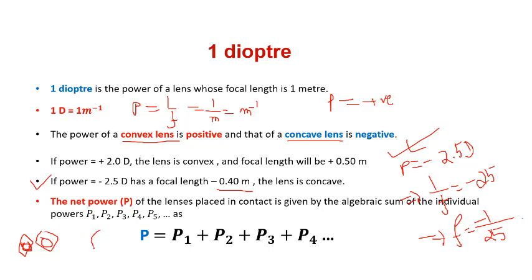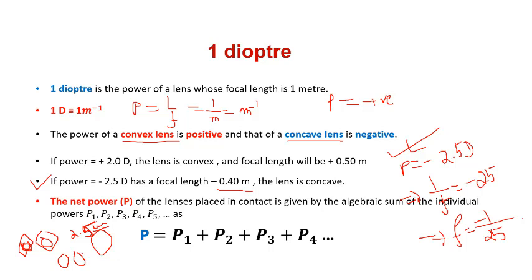Lenses do not come in every value. Suppose you need a convex lens of 2.5 diopter, but the lens is available in 2.